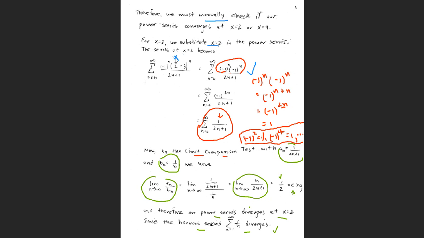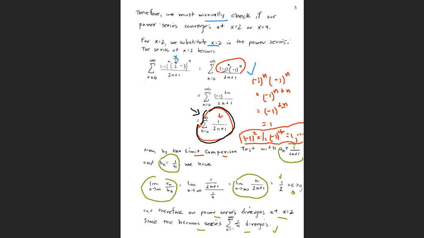So basically what you're saying is that our series at x equals 2 is the series from n equals 0 to infinity of 1 over 2n plus 1. The terms of that series, in the limit, become proportional to the terms of a harmonic series.